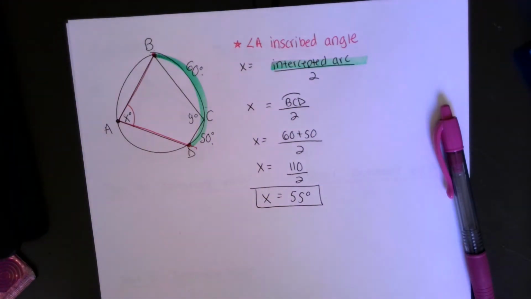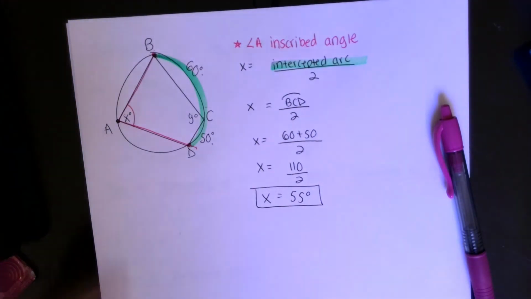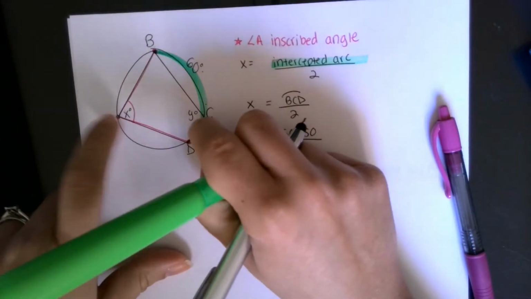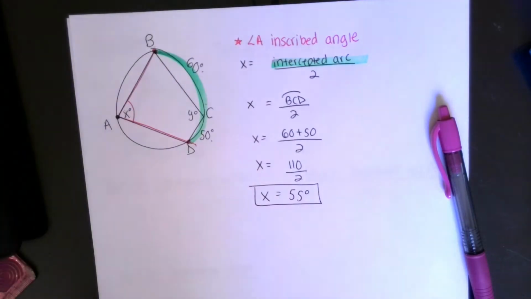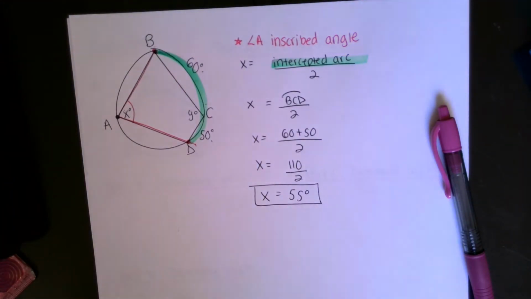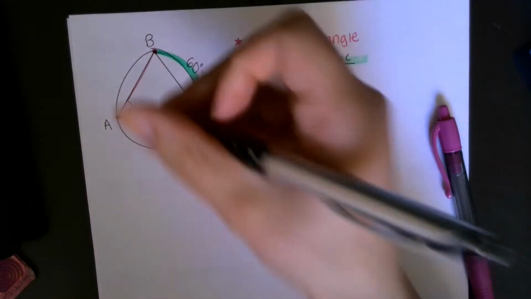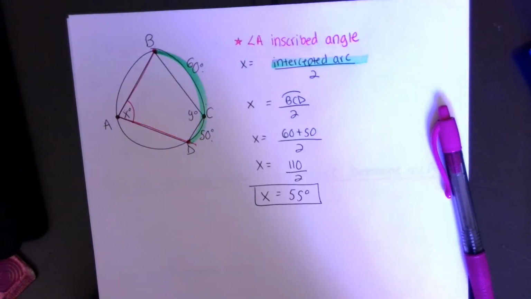Okay, now we're going to look for angle C, which is Y. Without using that these two opposite angles are supplementary, let's pretend we're going to do it based on inscribed angles. This is Y, an inscribed angle.